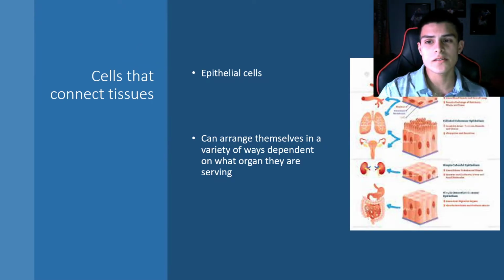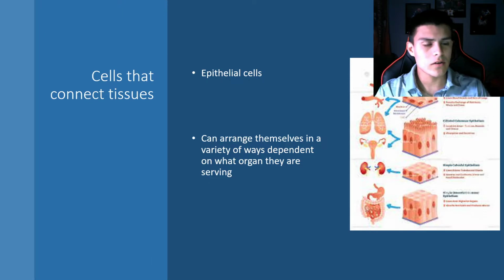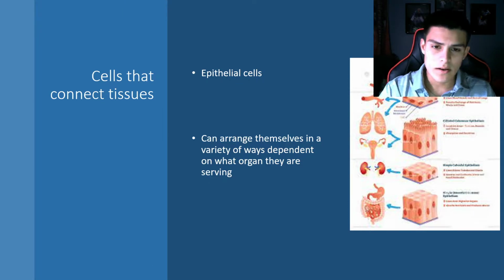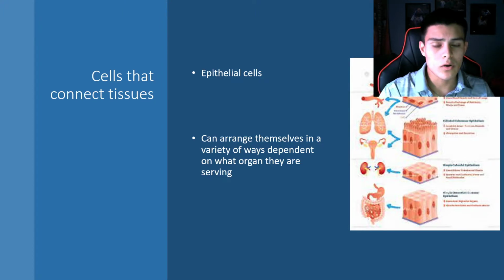First up, we have the cells that connect tissues. An example of this would be epithelial cells. I have a diagram on the right side, which didn't render all that well, but it's there. They can arrange themselves in a variety of different ways depending on what organ they're serving.